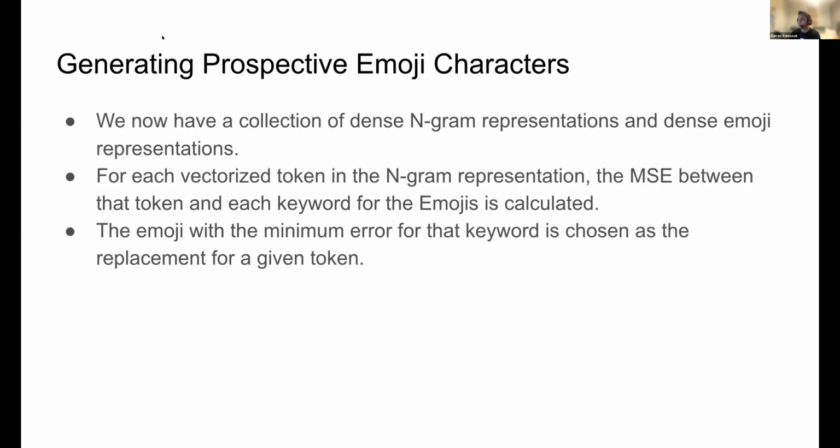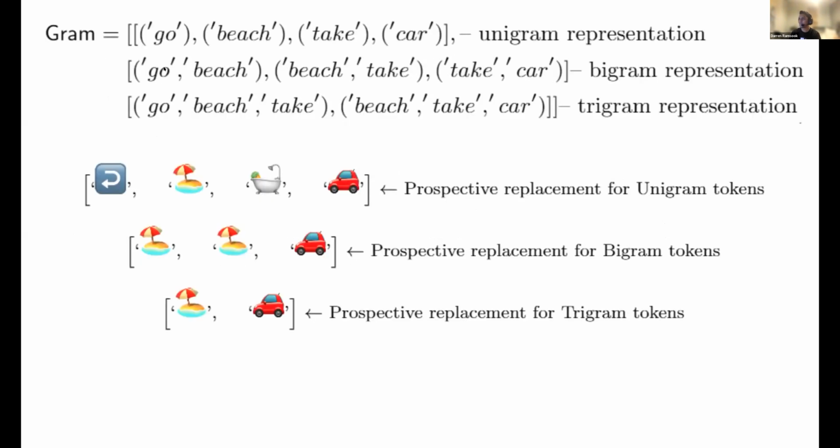So it's probably a mouthful there, so I'll go through a small example again. So again, we have go, beach, take, car, go beach, considered together, beach take, and take car considered together, and then a collection of 3 words considered together.